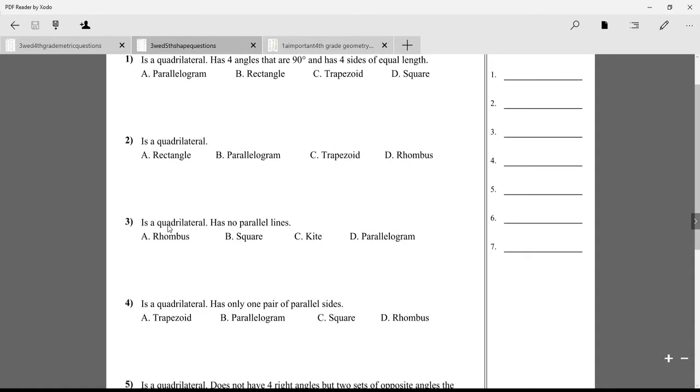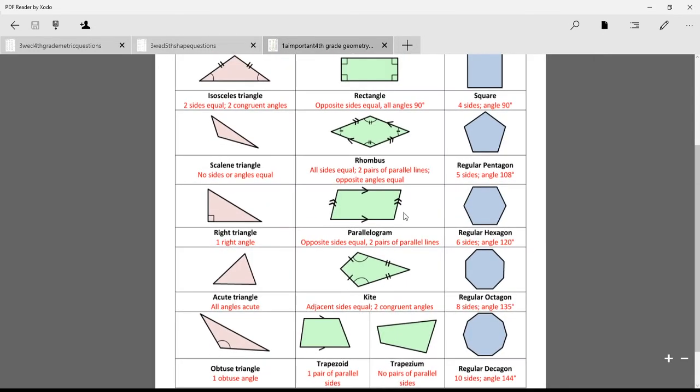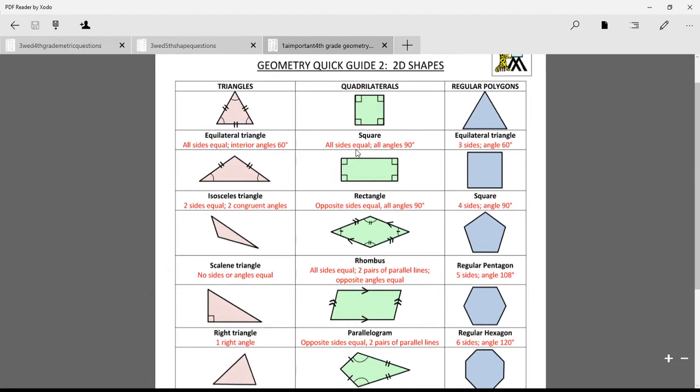"Is a quadrilateral, has no parallel lines." So a rhombus has parallel lines, a square has parallel lines, a parallelogram obviously has parallel lines, but a kite is the only one that does not have parallel lines, right? So as you can see, a rhombus has two pairs of parallel lines.